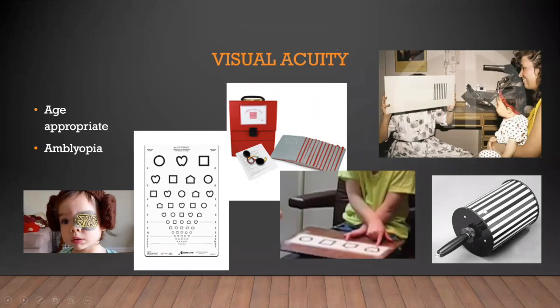This is called an optokinetic nystagmus drum, which elicits vision in a very, very small child. After we assess the visual acuity, we will know whether any eye is lagging behind in vision, and then you may start patching or amblyopia therapy of this kind, where you occlude one eye. So you want to assess the visual acuity.